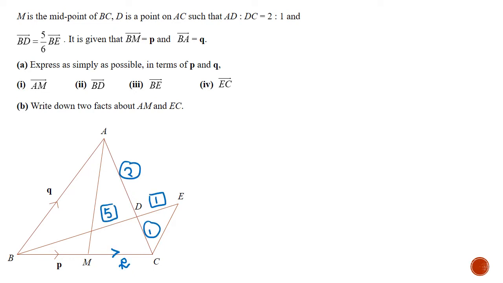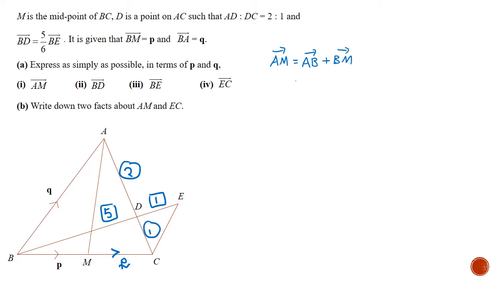Now, in order to find vector AM, we will need to use the triangle law of vector addition, and we can use any path from point A to point M. The most direct path will be from A to B and B to M because these two vectors are given. And so, in order to find vector AM, we will use vector AB plus vector BM.